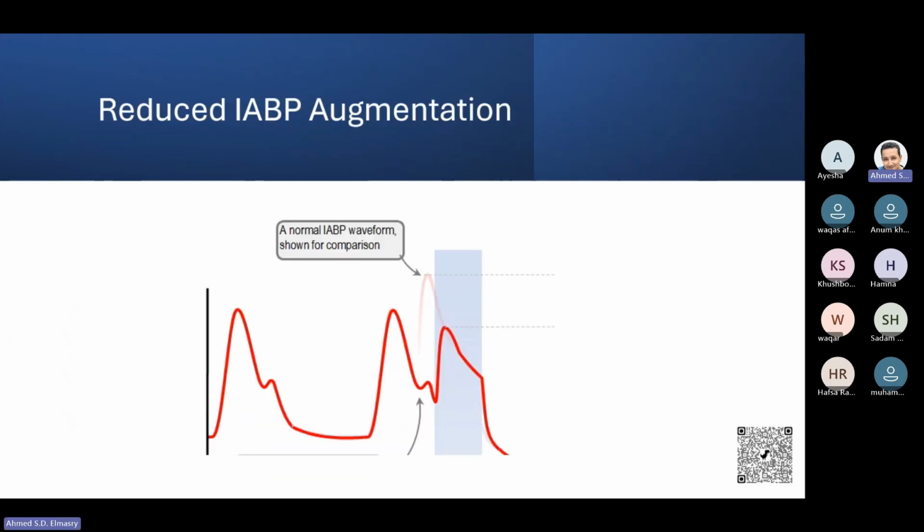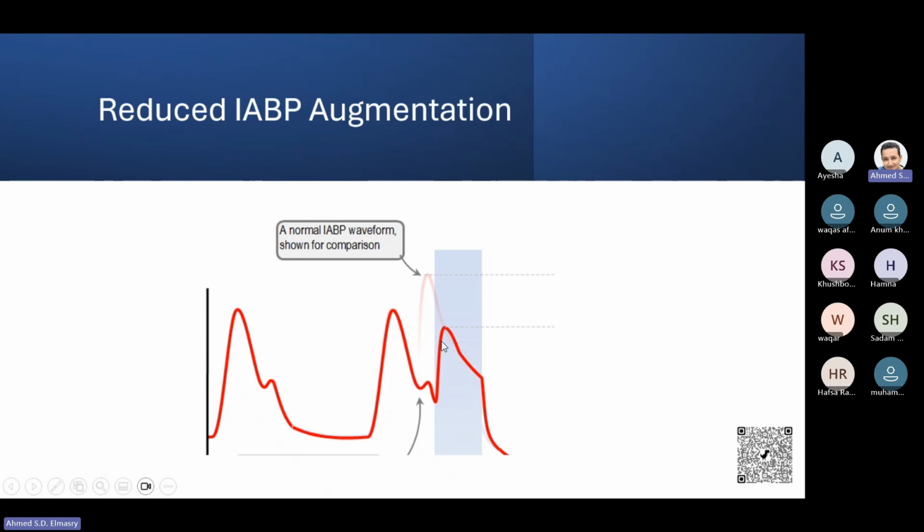Going to the next troubleshooting, which is reduced intra-aortic balloon augmentation. And as you see, this is a patient with decreased augmentation. The augmentation should reach this point. Instead of reaching this point, the maximum augmentation was at this level.